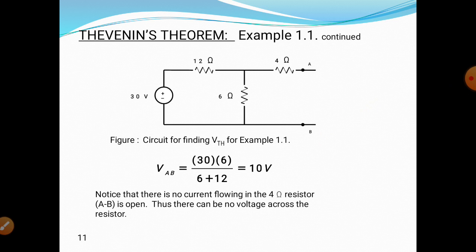In this circuit, 12 ohm and 6 ohm resistors are connected in series, so we add these two resistances, 12 ohm plus 6 ohm. VAB is equal to 30 into 6 divided by 6 plus 12, so we get the value of 10 volt.